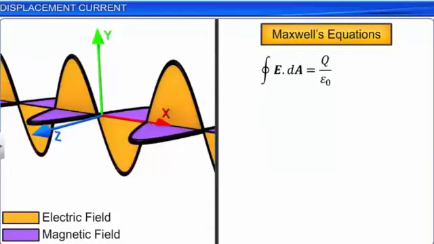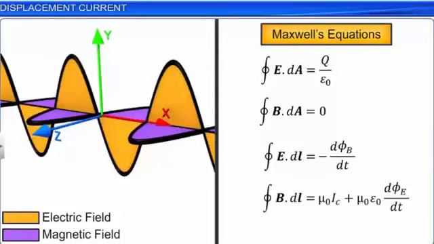The integral over the closed surface B dot dA is equal to 0. The integral over the closed loop E dot dl is equal to minus d phi B by dt. And the integral over the closed loop B dot dl is equal to mu naught IC plus mu naught epsilon naught into d phi E by dt.